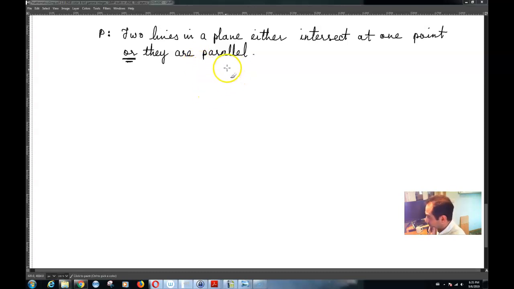And alternatively, you can also say that if the two lines are not parallel, then they will intersect at one point.